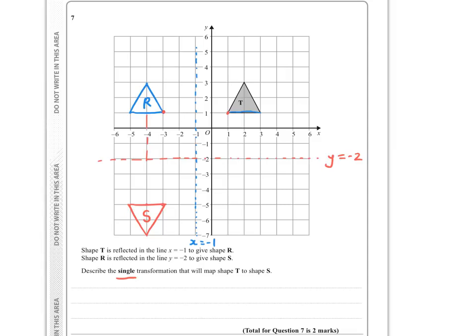So if I carefully draw a line, you can use your ruler in the exam, starting from here and ending here, then that's my first step. The second step is I look at the next corresponding point: this one here is reflected to here and then here. So I'll do the same process again, so let's join that up.